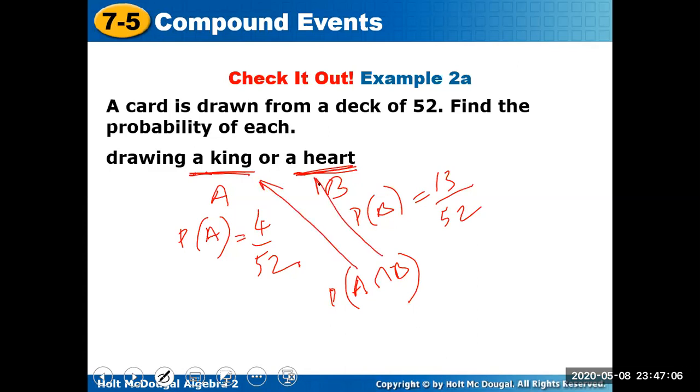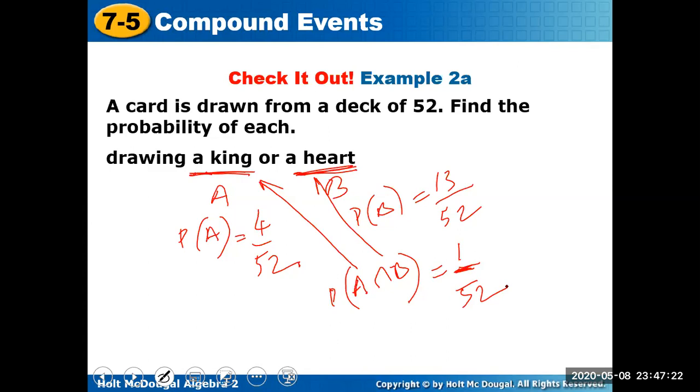So the probability of getting a card which is king and heart. There is only one card out of the 52 cards which is both king and heart.